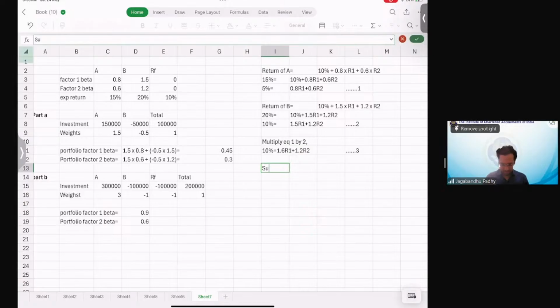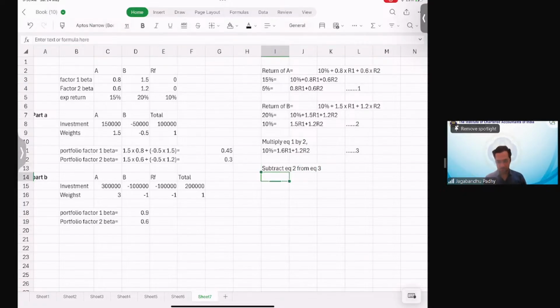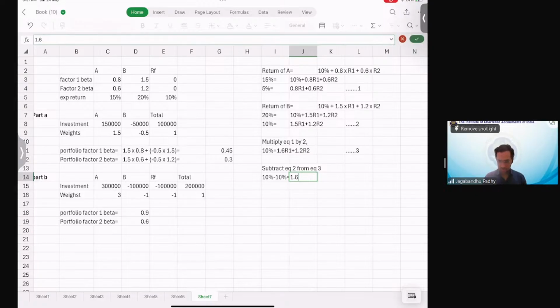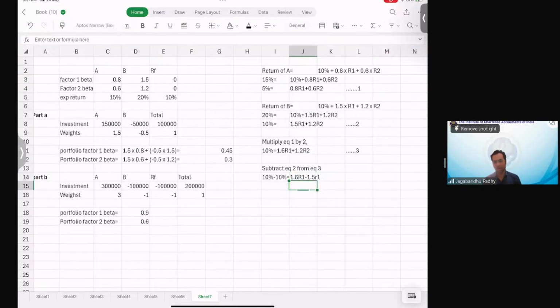And then we will subtract equation 2 from equation 3. That will be 10% minus 10% equal to 1.6 R1 minus 1.5 R1, and 1.2 R2 gets cancelled.